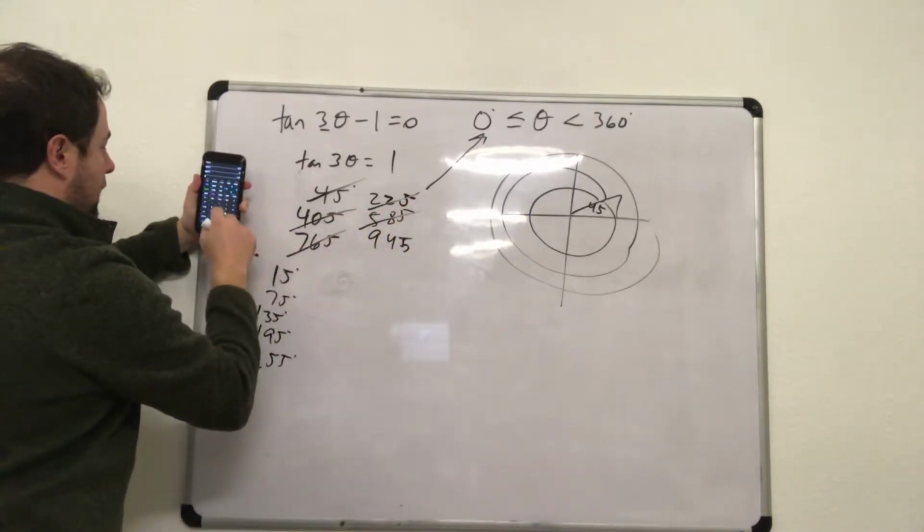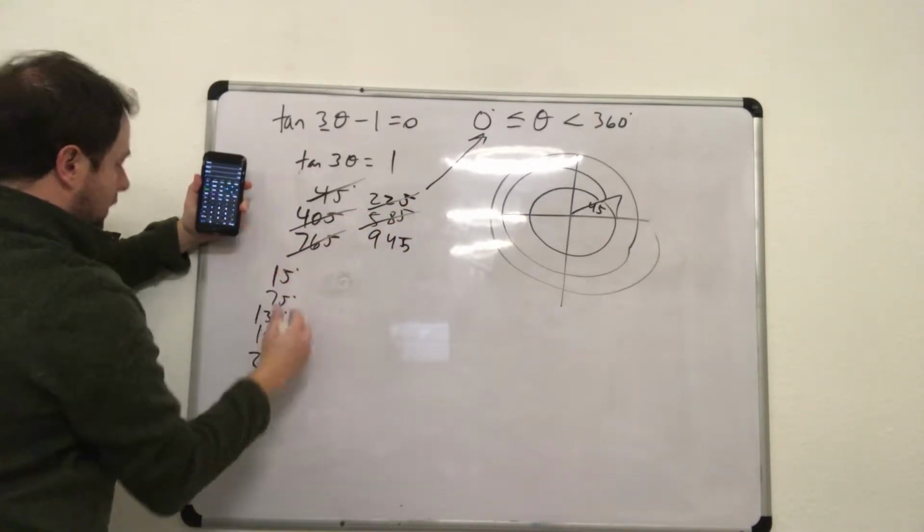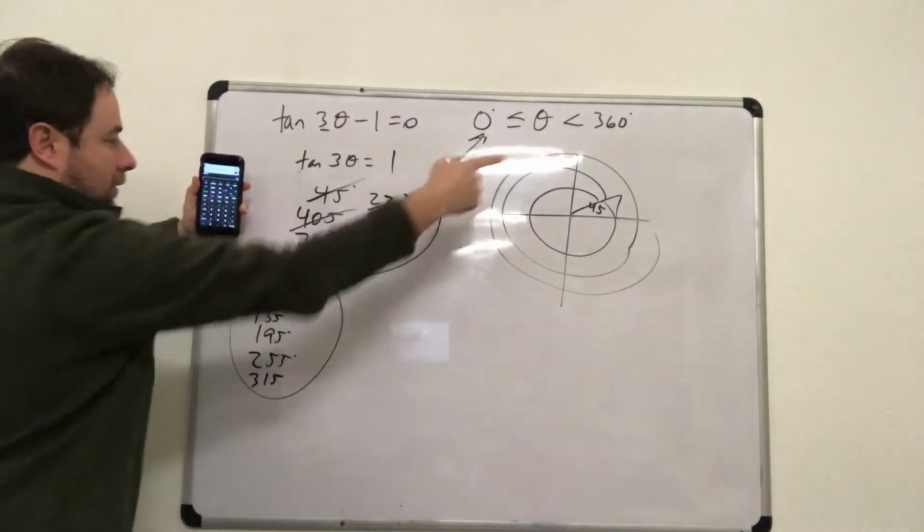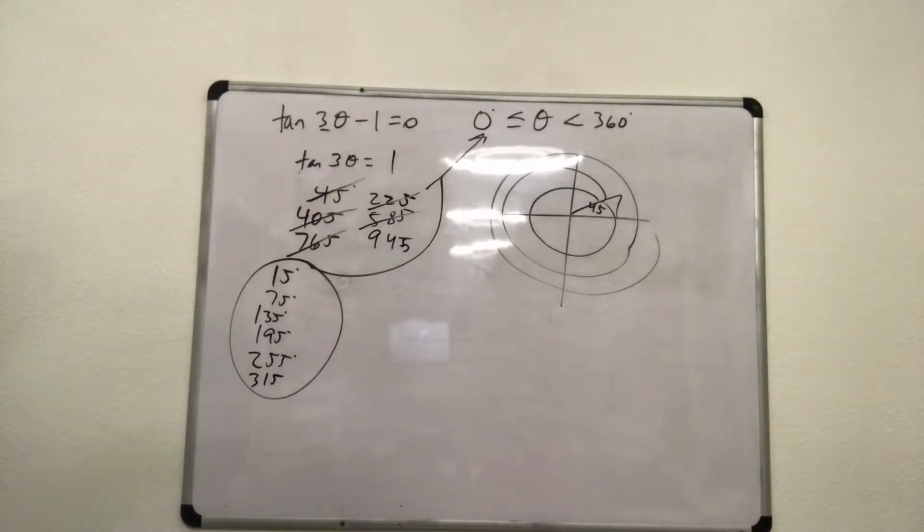And then 945 divided by 3 is 315. So these are our 6 answers that are in between 0 and 360.